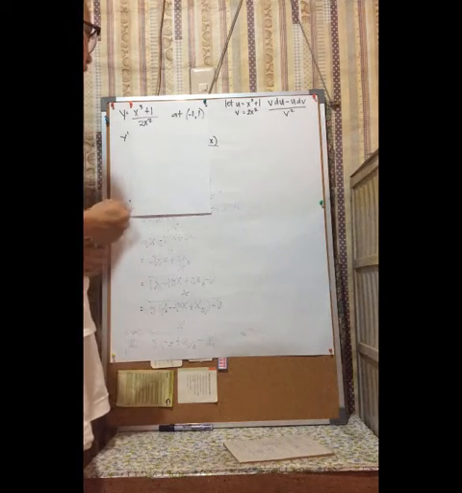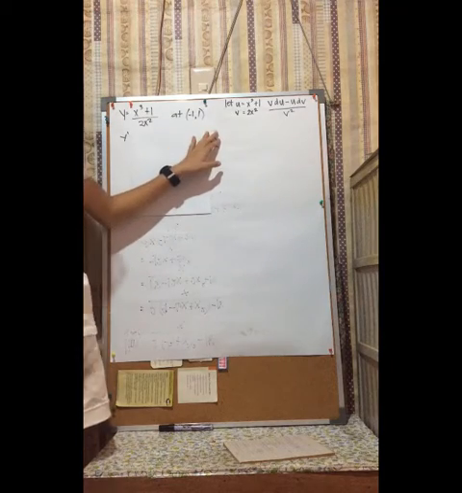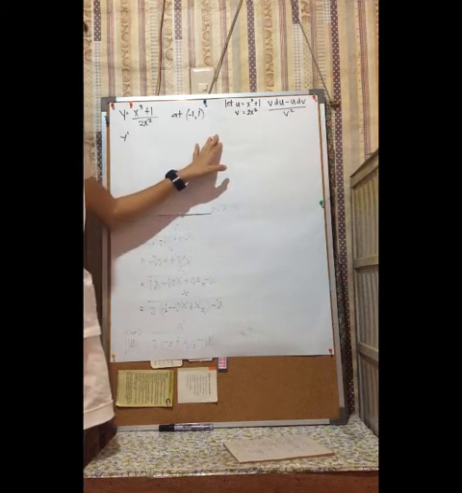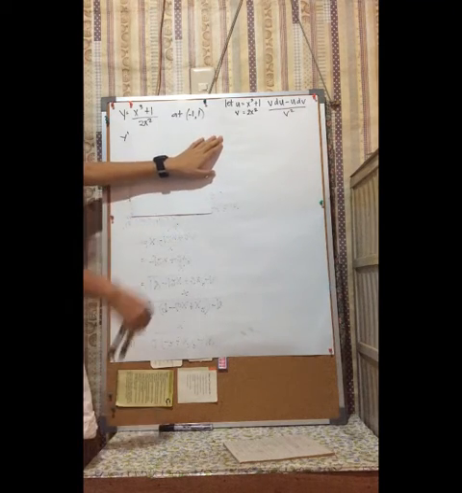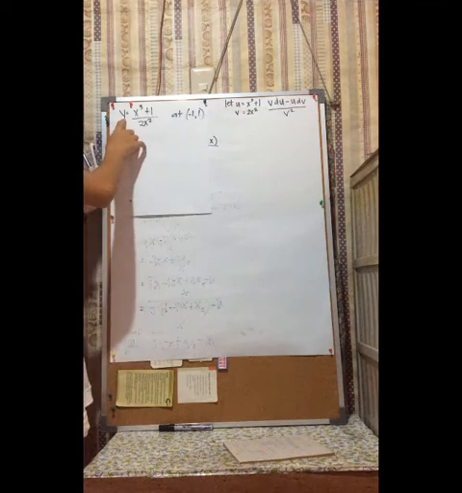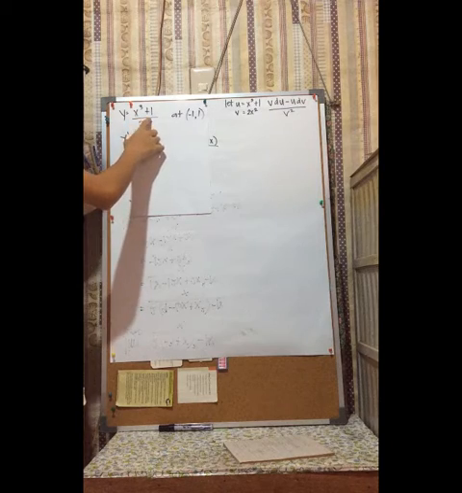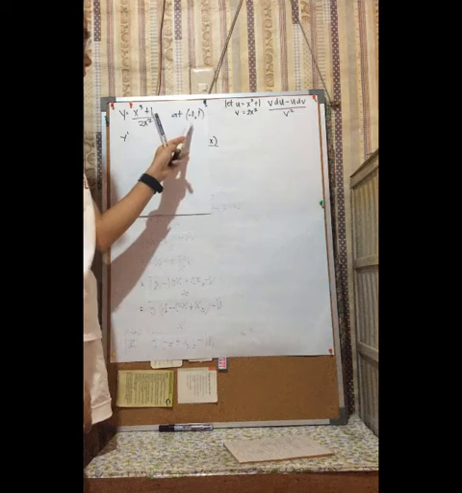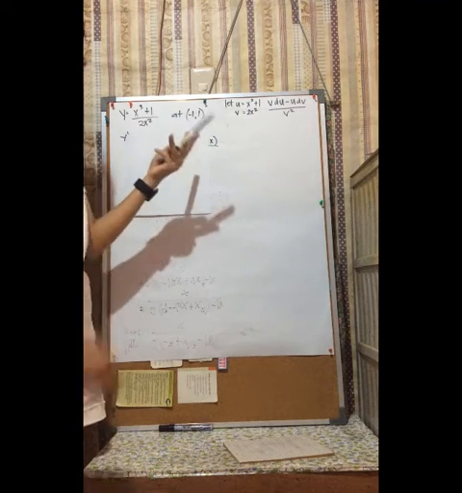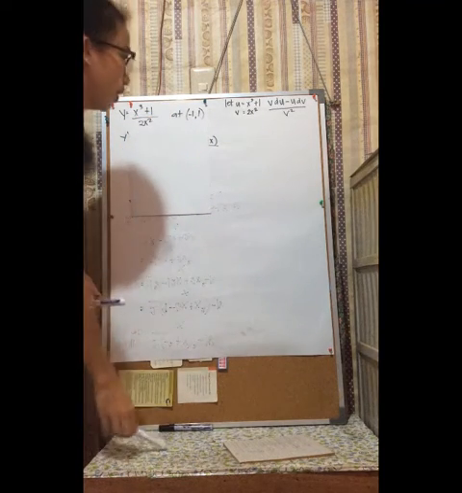Our next activity, we are going to solve for derivatives. So we have this equation, y is equal to x cubed plus 1 over 2x squared, with the point at negative 1 and 1.